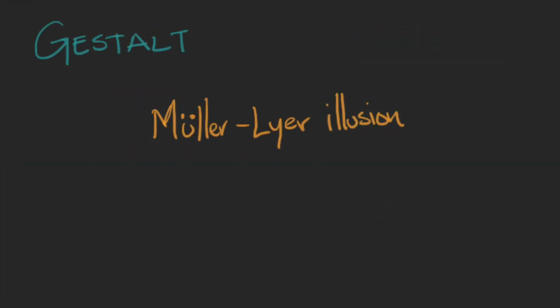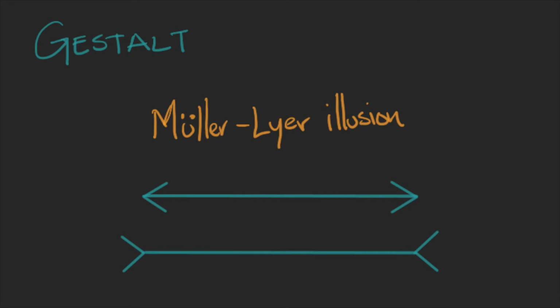Here, the horizontal lines are in fact the same length, although the lower figure looks longer. Clearly, this effect arises from some property of the relationship that forms the whole, rather than from the properties of each separate segment.